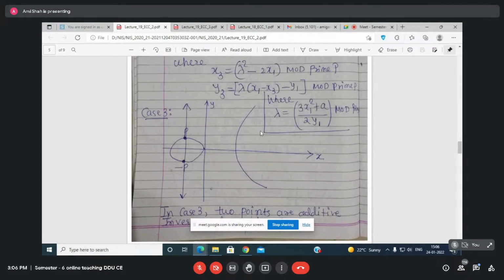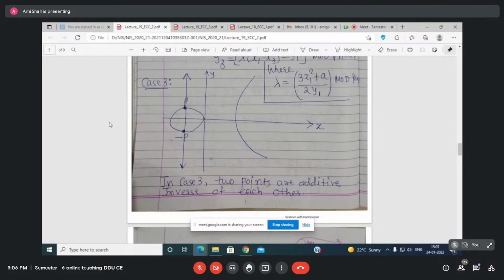Now the third case. So the two scenarios that I have discussed, now the third case, number 3. In case number 3, what happened? The 2 points are additive inverse of each other.